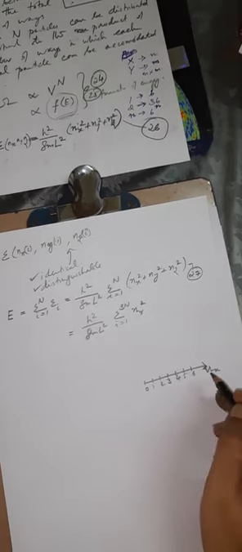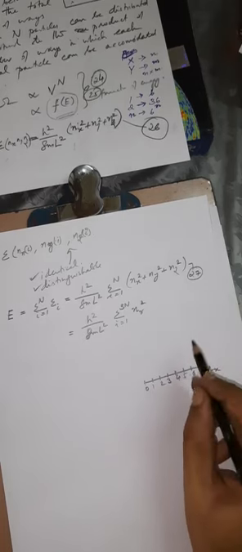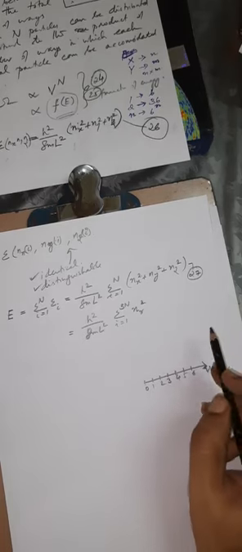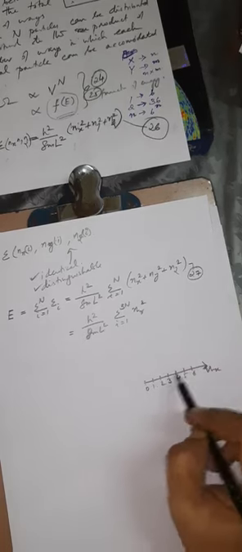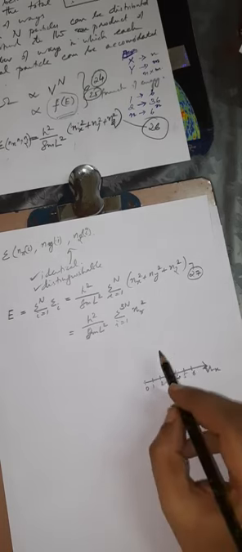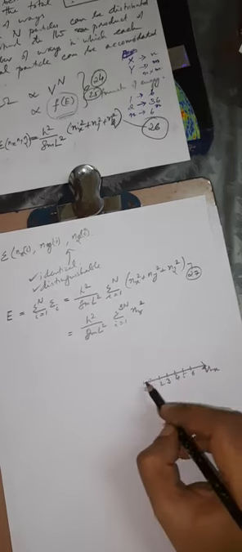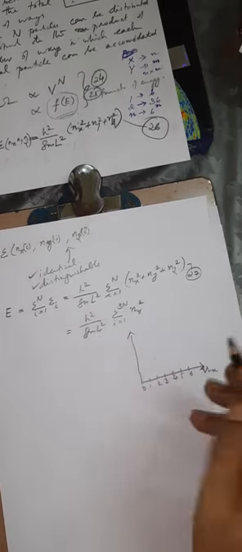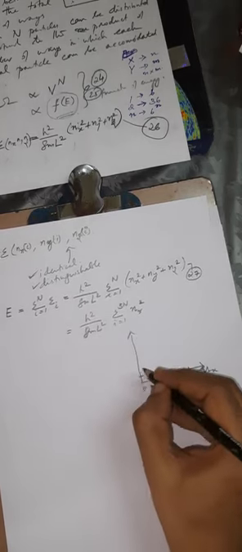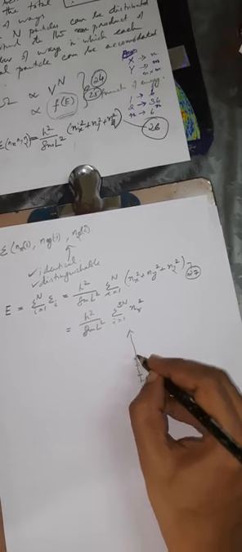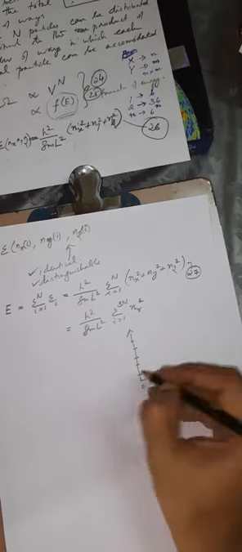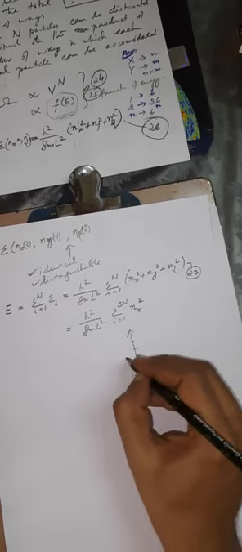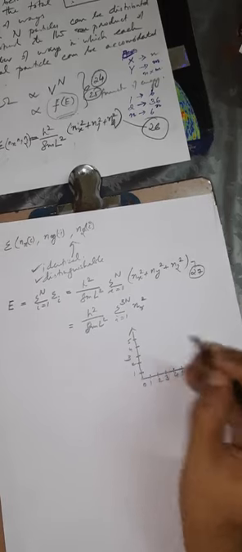Basically, this energy is being governed by some kind of a distance in the nx line. Similarly, if you have something like this, ny, 1, 2, 3, 4, 5, etc.